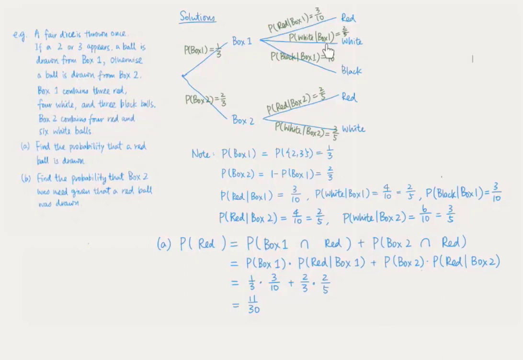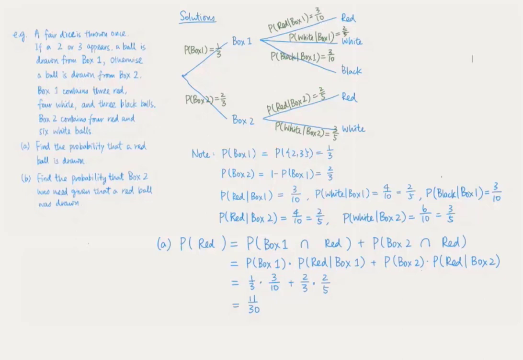So, given that we have chosen box 1, the probability that a red ball is drawn from box 1 will be equal to the number of red balls divided by the total number of balls in box 1. Assume that it is equally likely to draw any ball from box 1. Therefore, the probability that a red ball is drawn given that the ball is drawn from box 1 is equal to 3 over 10.